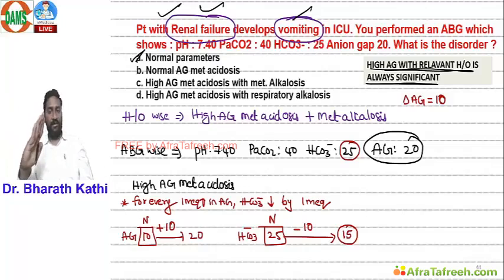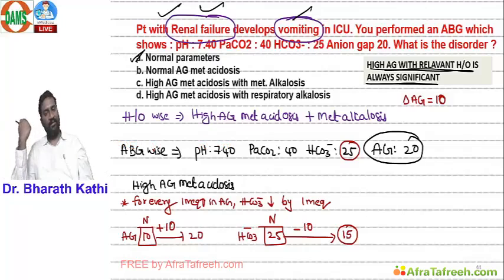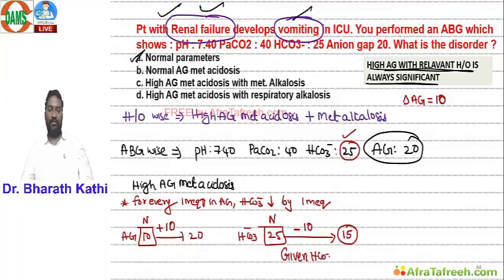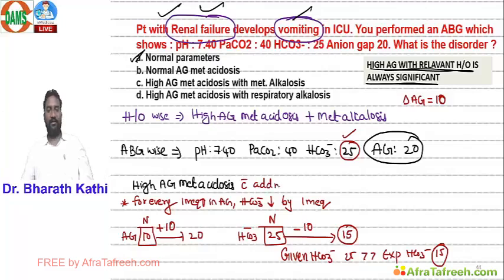From 15, some other disorder has added extra bicarbonate and brought it to 25. The given bicarbonate in the question, 25, is very much higher than expected. So something has brought bicarbonate from 15 to 25. There is extra bicarbonate added to your body. Anywhere extra bicarbonate is additional metabolic alkalosis.